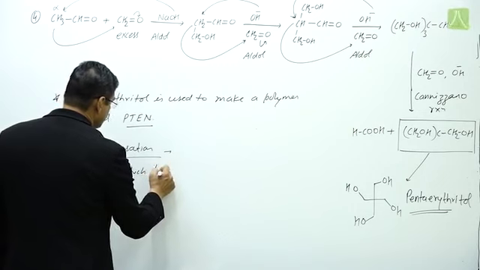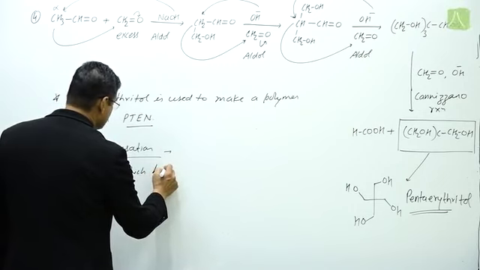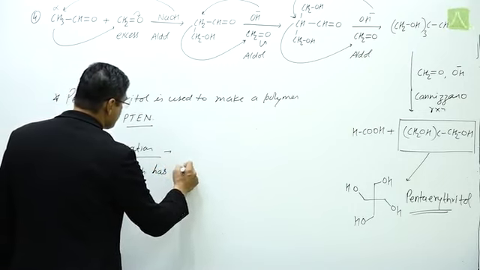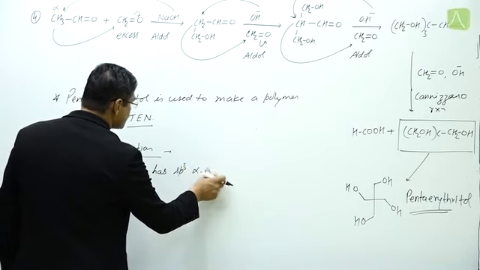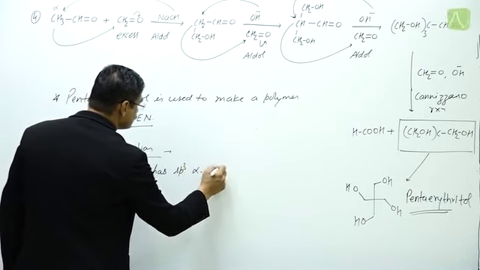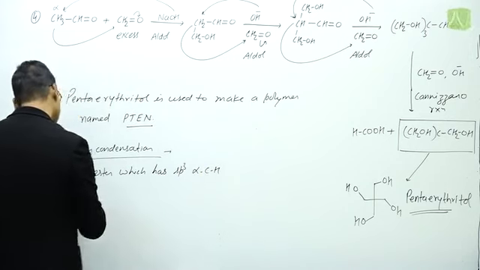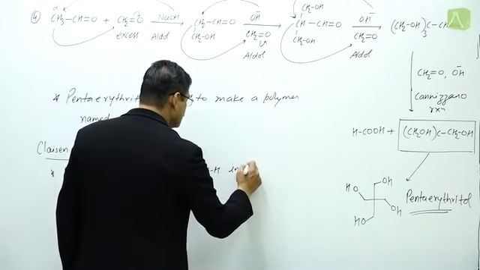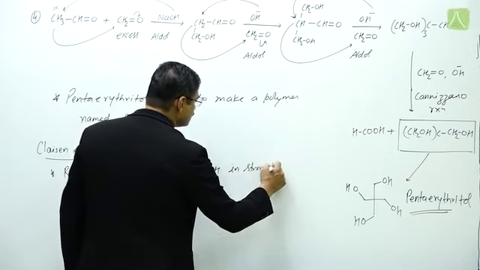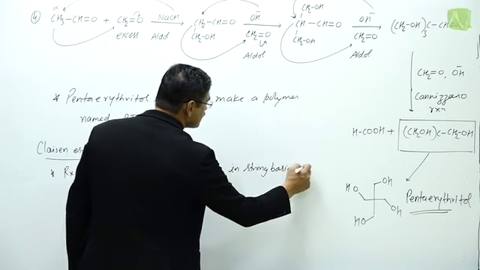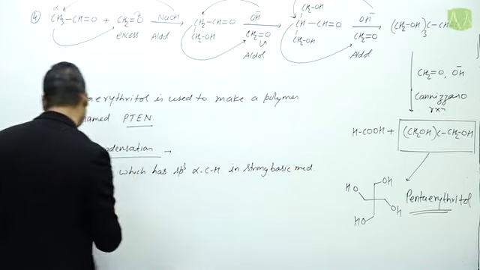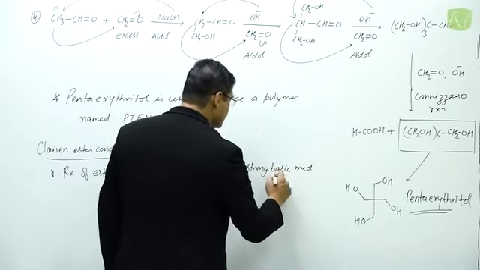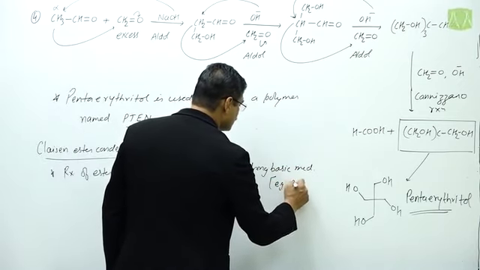It is a reaction of an ester which has sp3 alpha CH in a strongly basic medium. The base is, for example, RO minus.